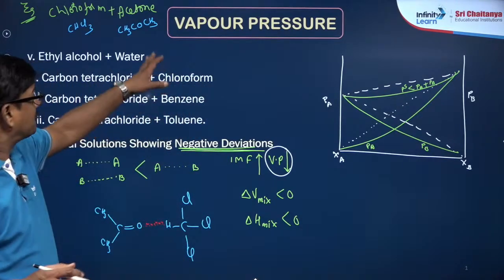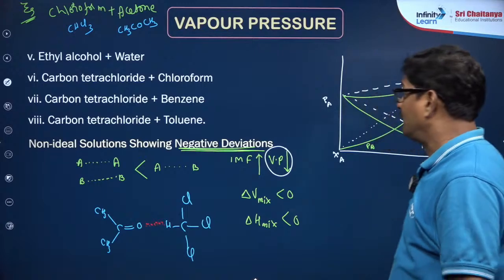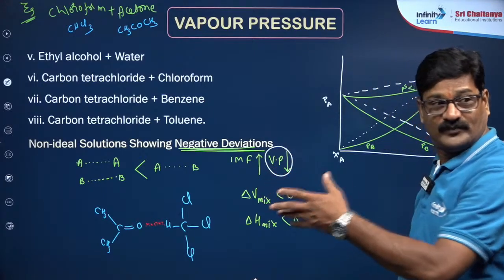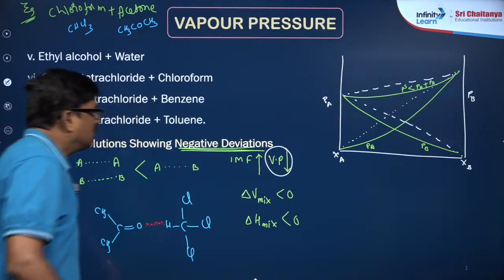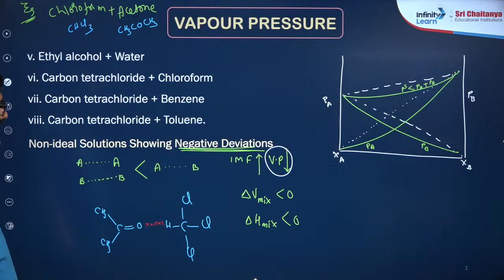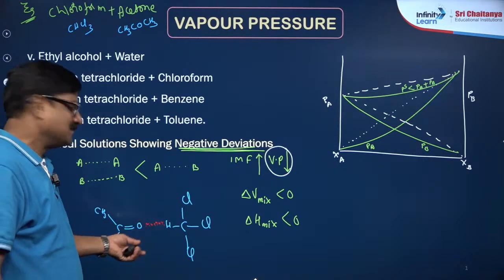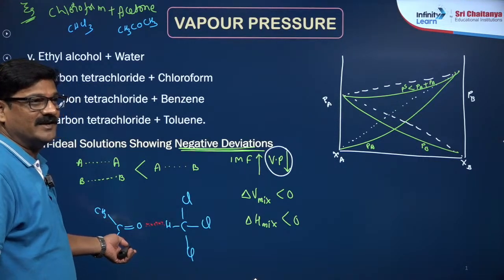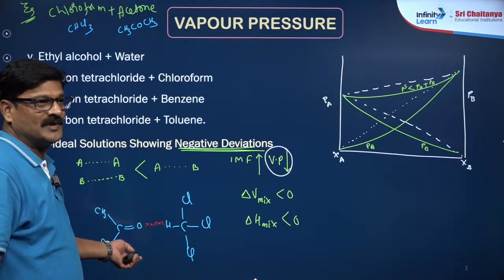That is what is explained in terms of negative deviation from Raoult's law. Clear? Now, that's what is shown in this graph. I just want to give my own handwritten graph. Any doubt here, children?